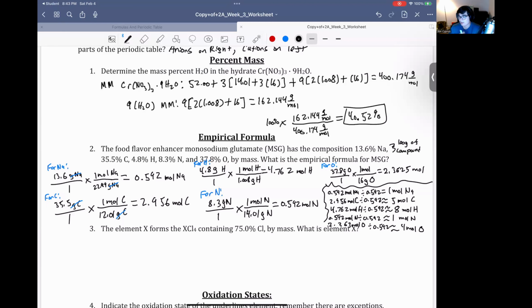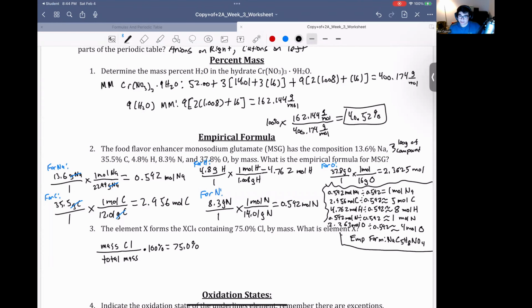So let me actually go ahead and write this out. If I were to write the formula here, the mass of chlorine over the total mass times 100%. I'm not going to use an X here just because we have an element X, is equal to 75.0%. That's our general formula that we've been using. Now I do have the mass of chlorine.